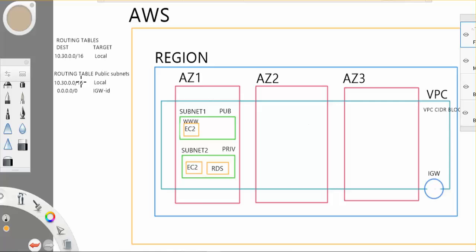Next, I'm going to show you what we do in order to allow any EC2 instances located in a private subnet to access the internet.